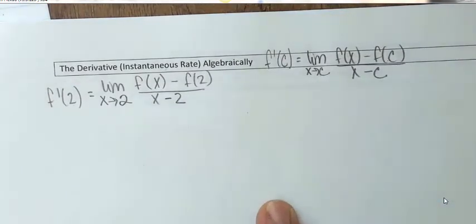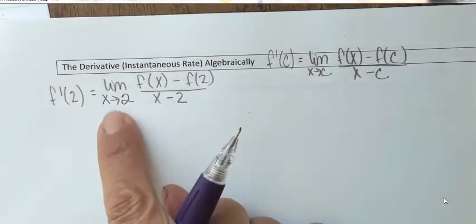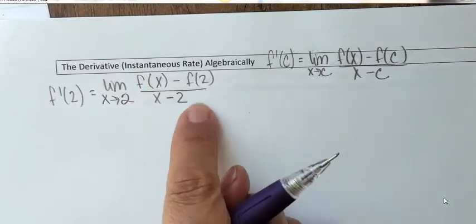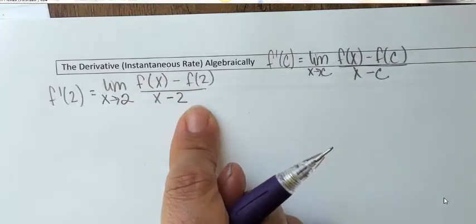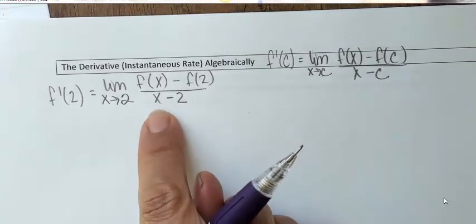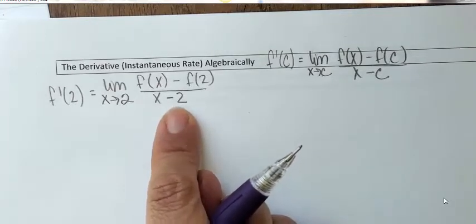Now, if I went ahead and evaluated this limit, and I plugged 2 in for x, notice I'm going to get 0 over 0. We actually call that the indeterminate form. But right now, just focus on the fact that 2 minus 2 is 0.